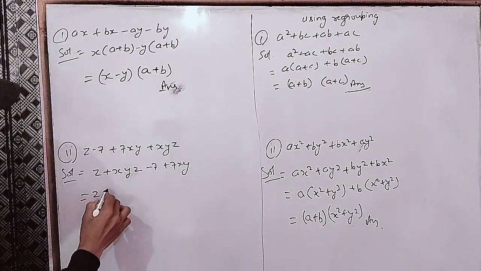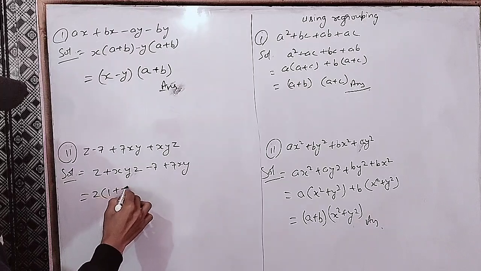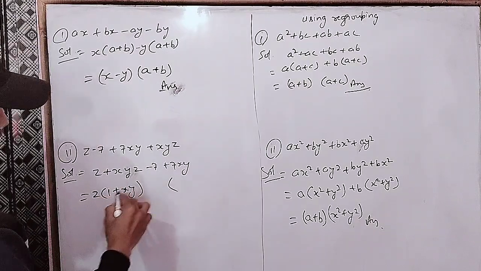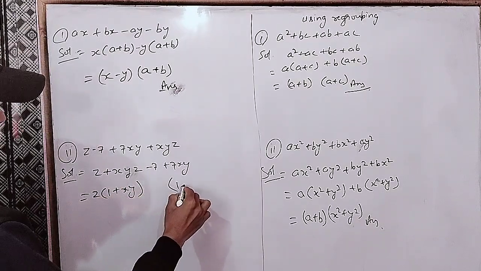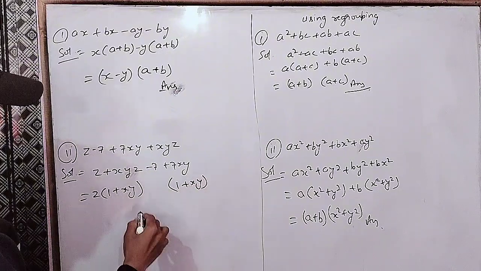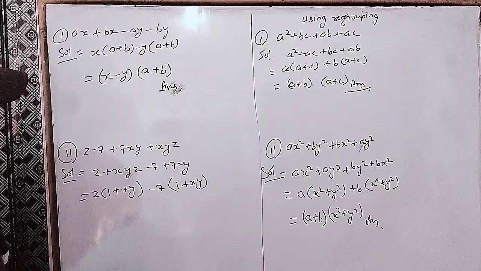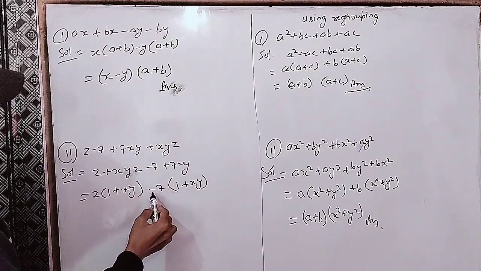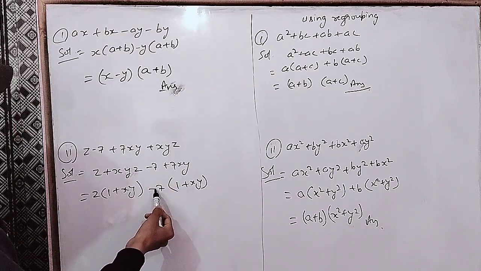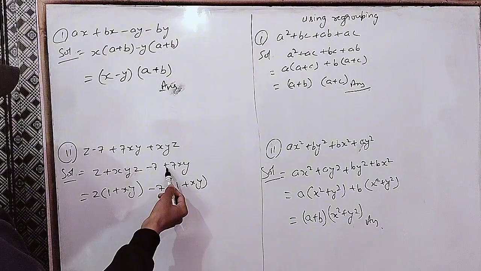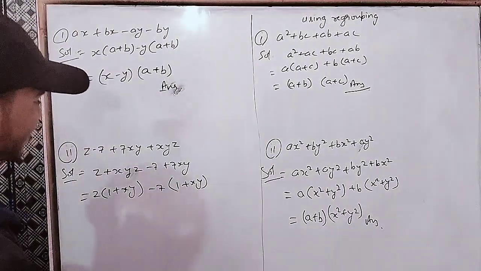So yes, Z is common. Clear, 1, and then x. Okay, so can we write it as it? This is a rule. And now we have minus m because 7 is common. We can say subtract add, which is what?